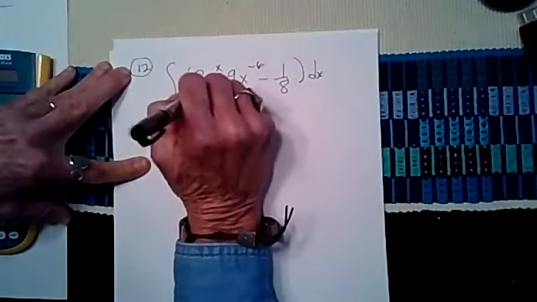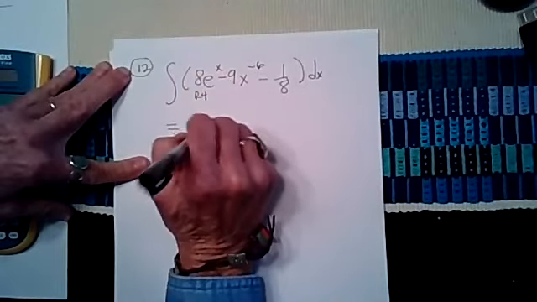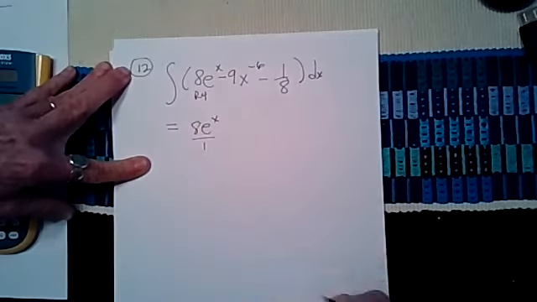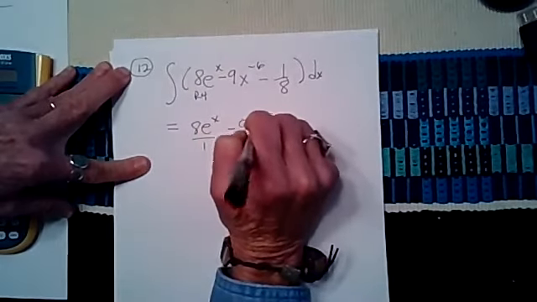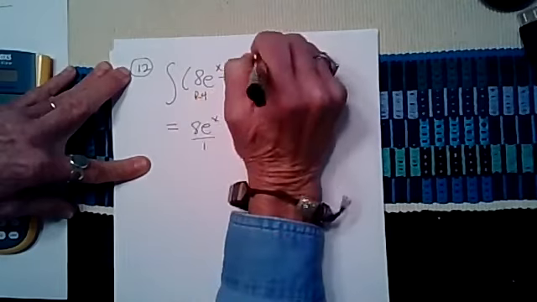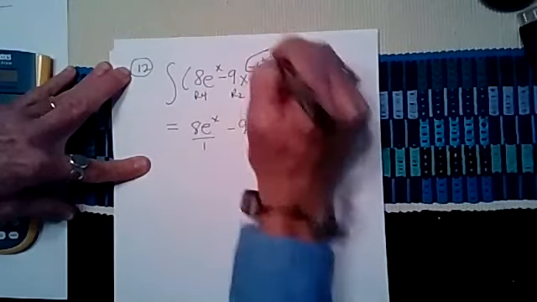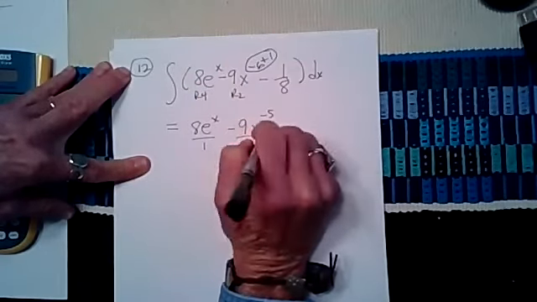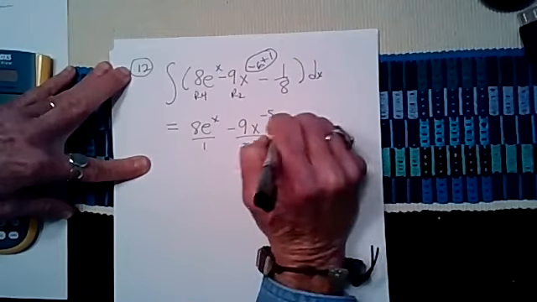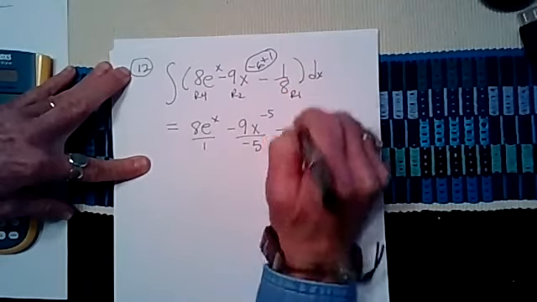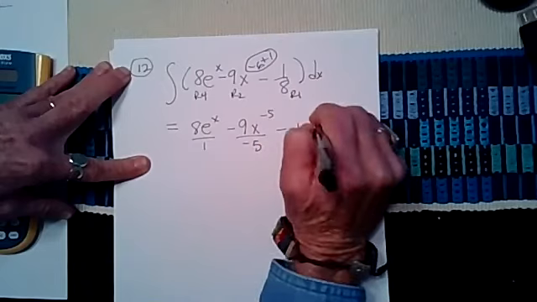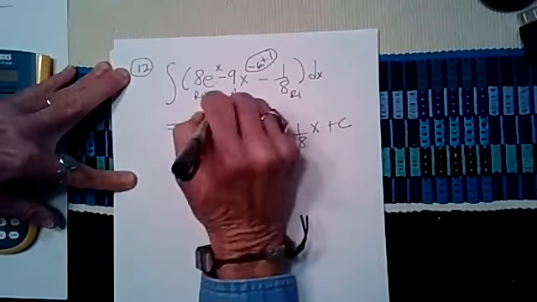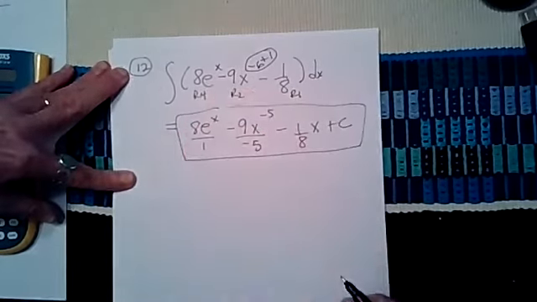That's just rule 4. 8e to the x divided by 1, minus 9x, that's rule 2, add 1, what's my new exponent? Negative 5 divided by negative 5, minus, and that's rule 1, 1 over 8x plus c. And you can type it in just like that.